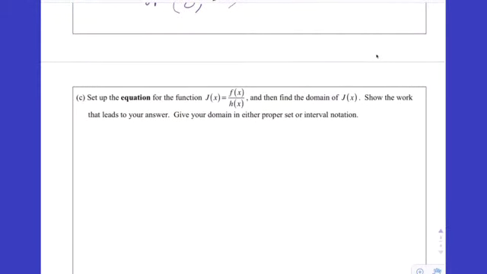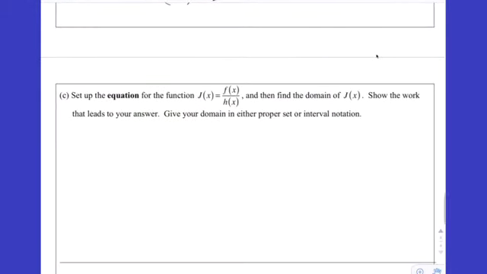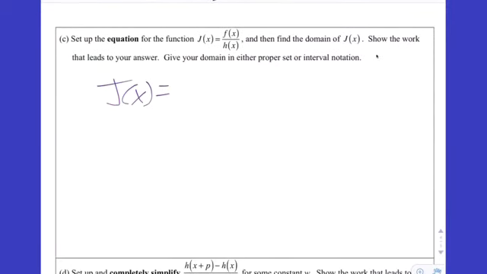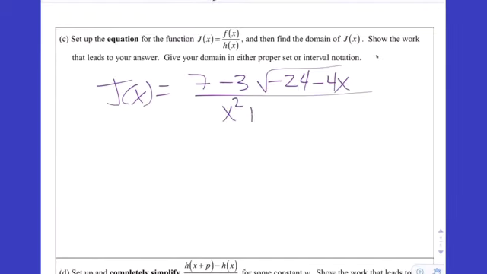All right, moving right along. J of x is going to be f over h. So to set it up, the f function is 7 minus 3, radical negative 24 minus 4x, and h of x is x squared plus 3x minus 10. So we know that the denominator cannot be 0.